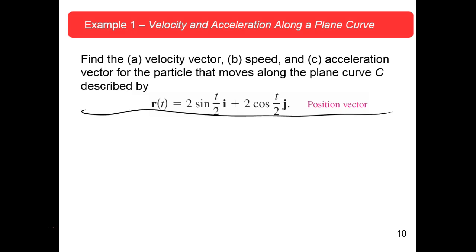Sketch the path of an object moving along a space curve C, this is going to be tough, given by r of t is equal to ti plus t cubed j plus 3tk.